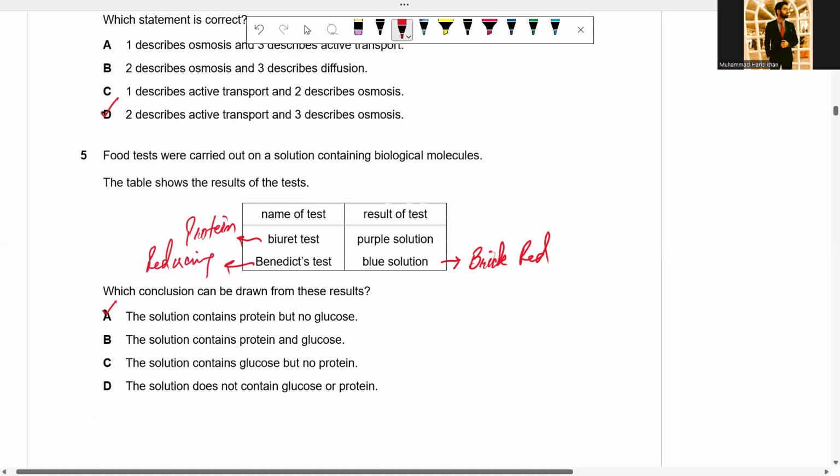One thing to keep in mind is that all polysaccharides are non-reducing.